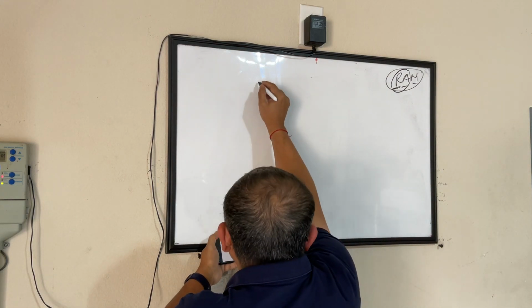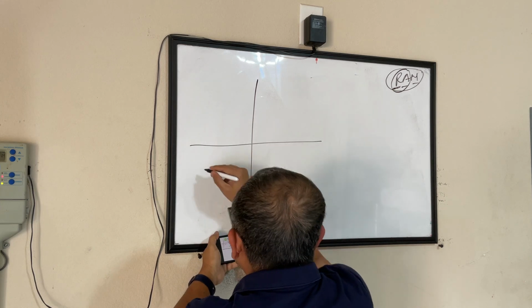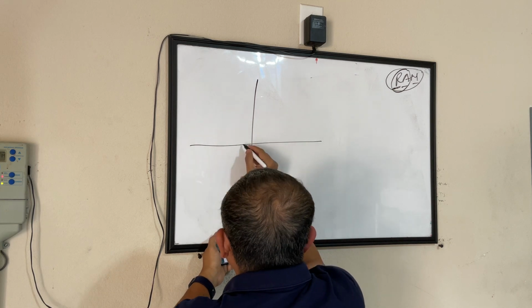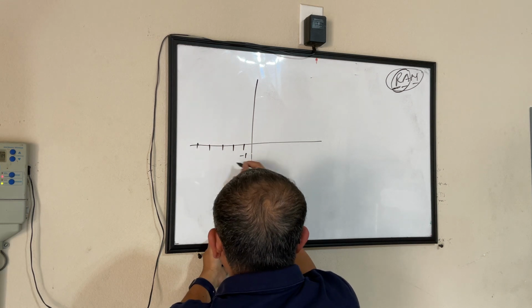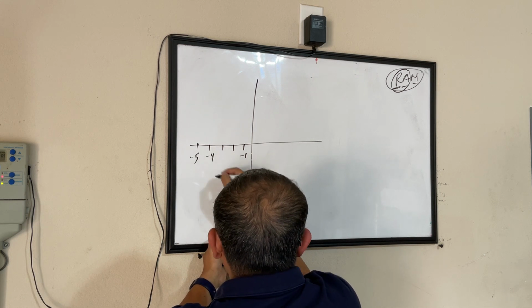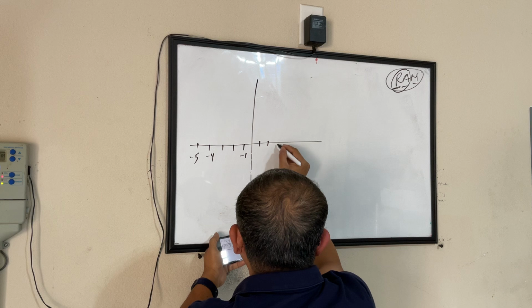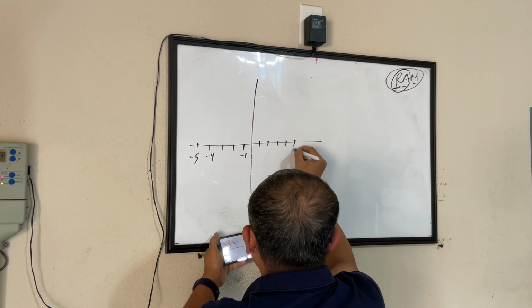So, it has given a graph here, okay? This is 1, 2, 3, 4, 5. So minus 1 to minus 5. This is minus 4. This is 1, 2, 3, 4, 5.